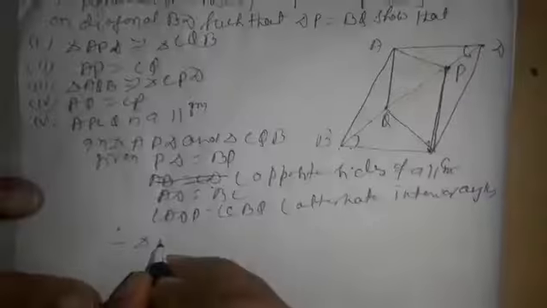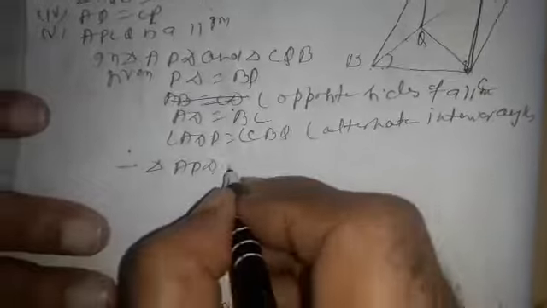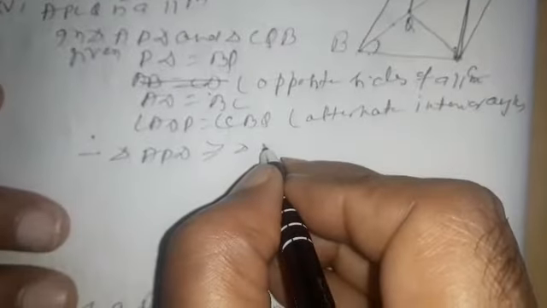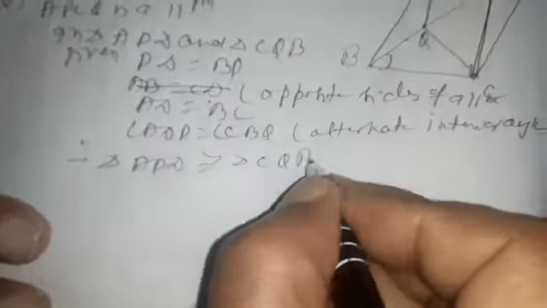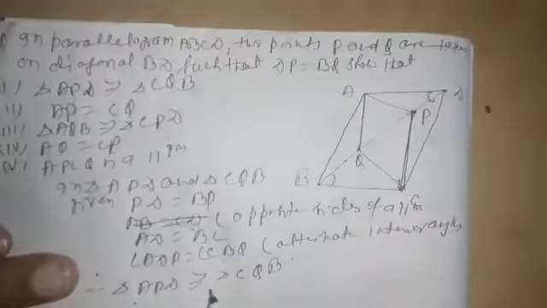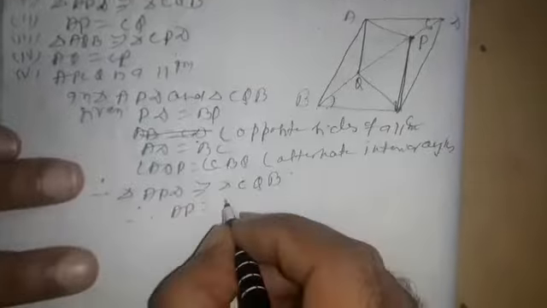Therefore, triangle APD is congruent to triangle CQB, therefore AP is equal to CQ.